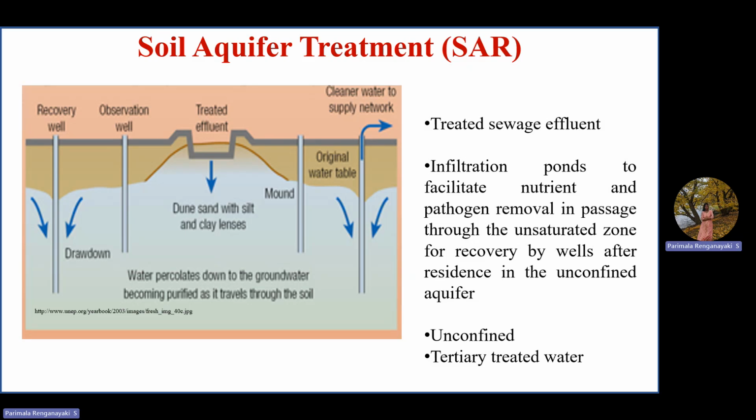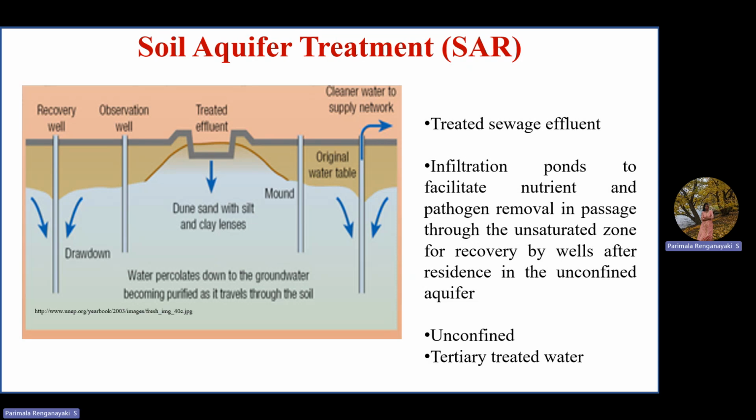So we have tertiary treated water passing through dune sand with silt and clay. Water percolates down to the groundwater, becoming purified as it travels through the soil. That's why it is called soil aquifer treatment. So you have an observation well.